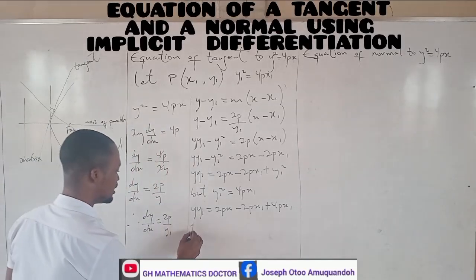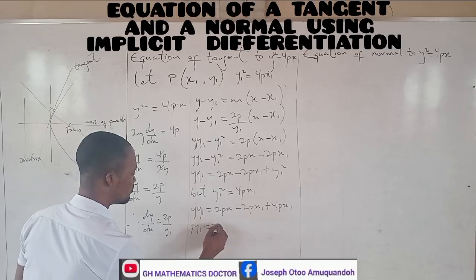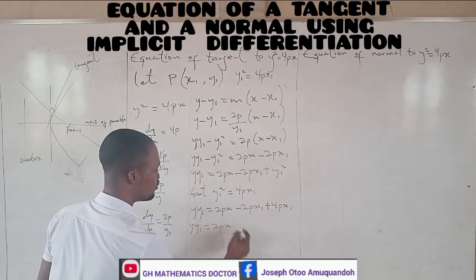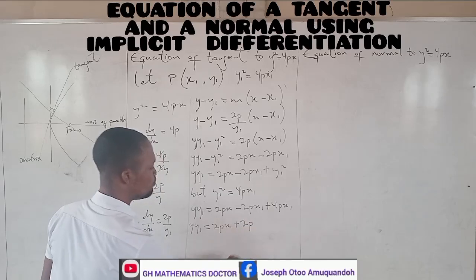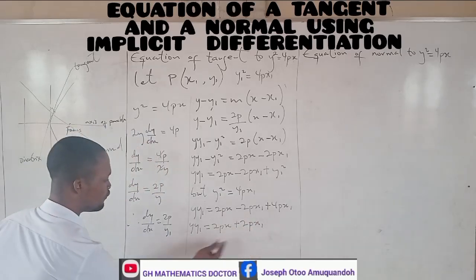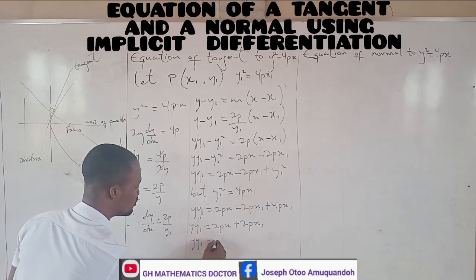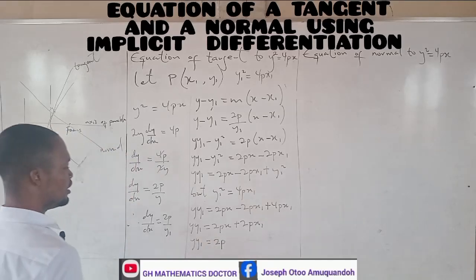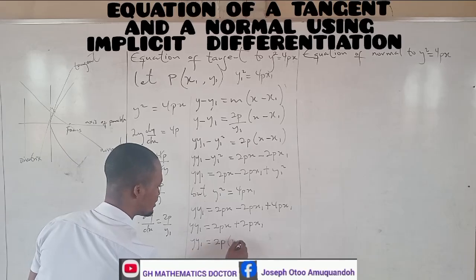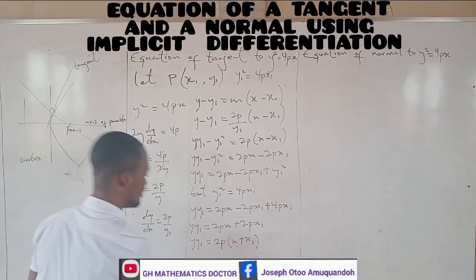Then we add the coefficients, so we have 2px, and the x1 terms give positive 2px1. Factor out the common factor 2p, and the remaining terms will be x plus x1.